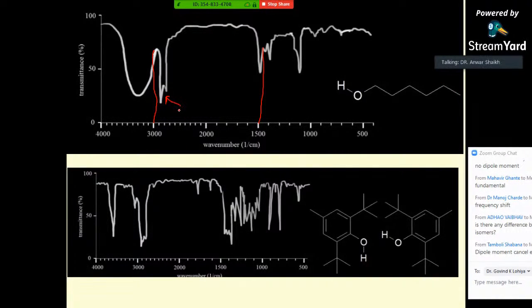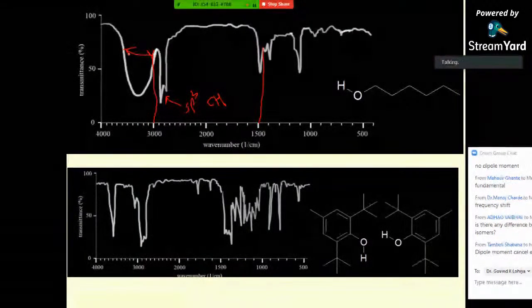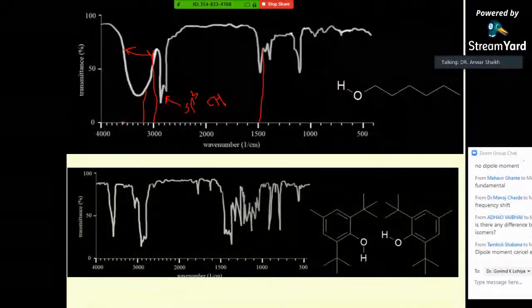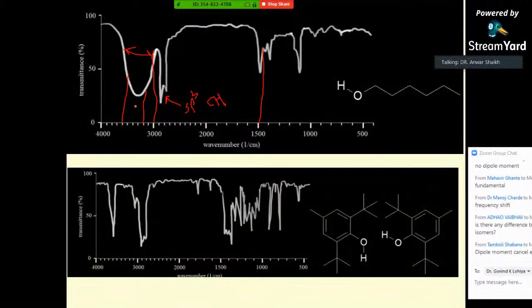So at 2900 we will be getting sp3 CH. But at the extreme right, you can say we are getting a broad peak, say for example 3400 to 3200. It is a broad peak you will be getting.